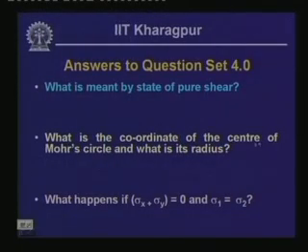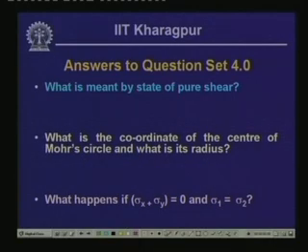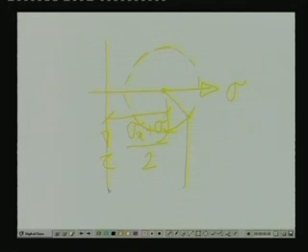Now, what is the coordinate of the center of Mohr circle and what is its radius? By this time you have observed the values of the radius and the position of the center in the Mohr circle, which we have represented now. This is sigma, this is tau, and the center is located at a distance of sigma x plus sigma y by 2, and based on this we have drawn the Mohr circle, the plane representing sigma x and tau x y.